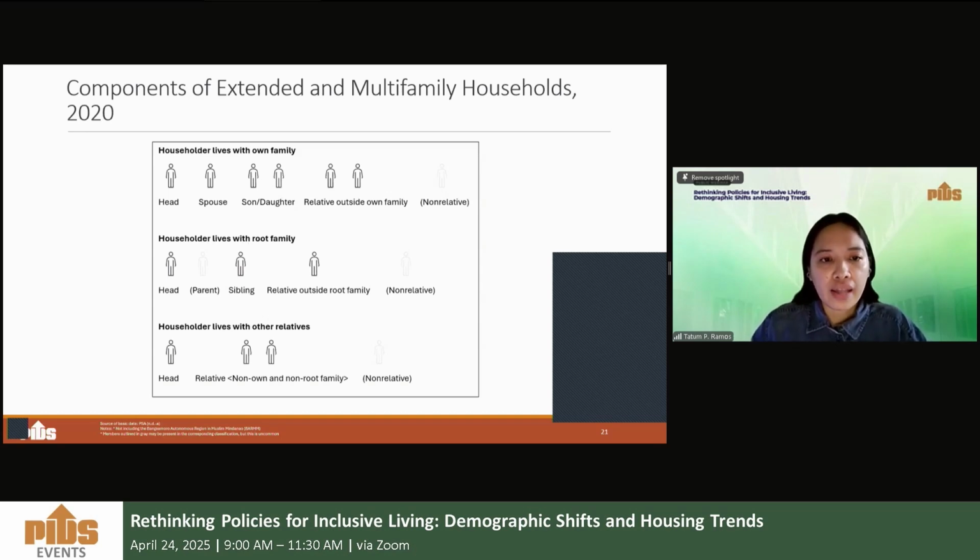And if we look at the components of each of these classifications and the corresponding typical or average sizes, we are seeing that the first classification has the highest number of members. And we think that this is because of the presence of a son or a daughter.